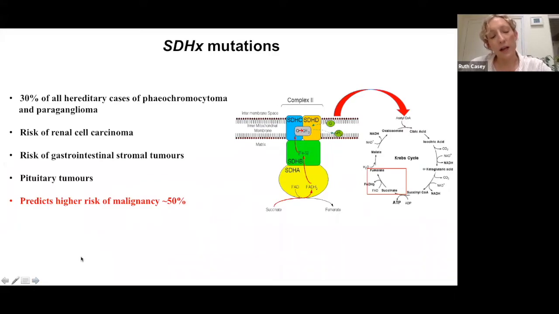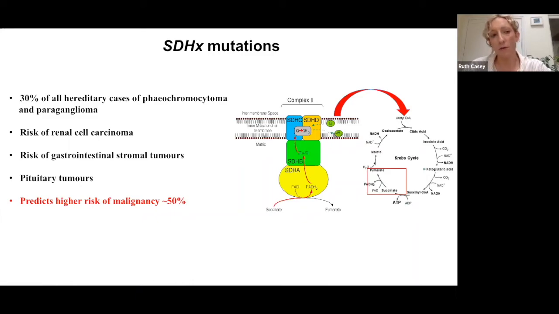So arguably the most important of the genes in terms of changing clinical practice has been the discovery of the succinate dehydrogenase genes. So the succinate dehydrogenase genes include 4 genes: SDHA, SDHB, SDHC, and SDHD. And each of these 4 genes encode their namesake protein, which form the succinate dehydrogenase enzyme complex.